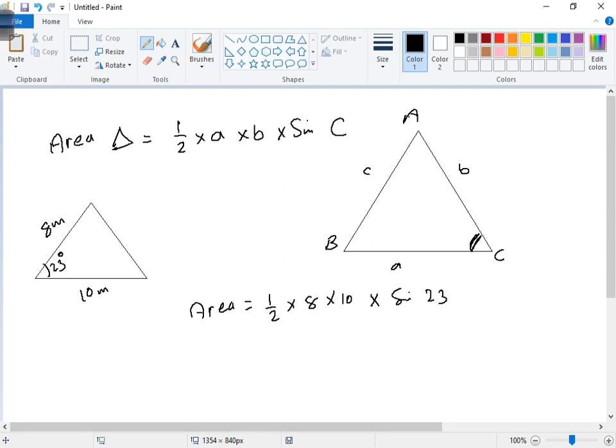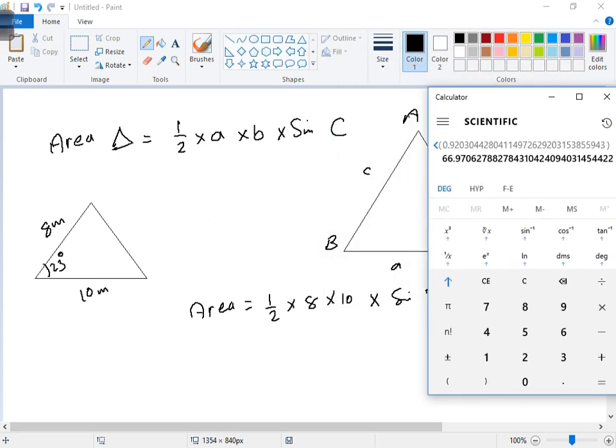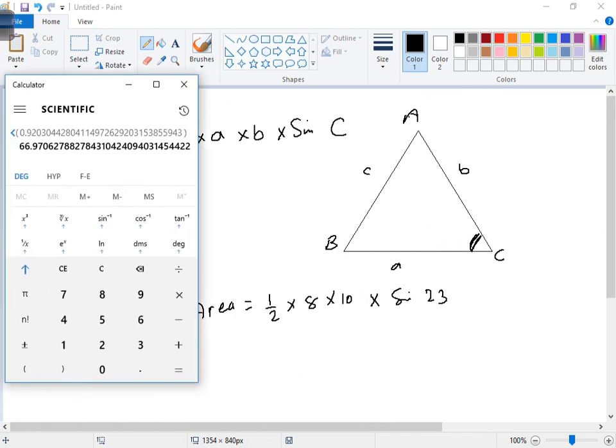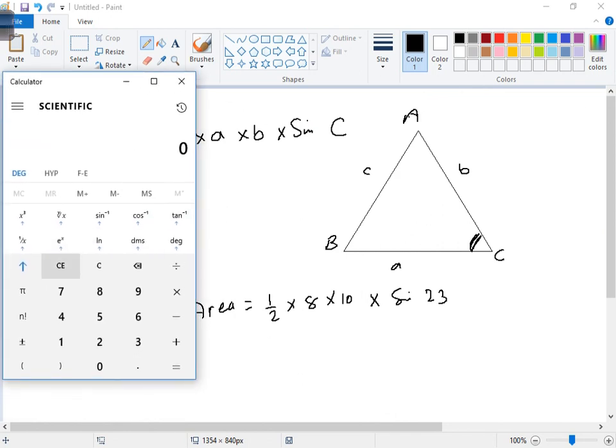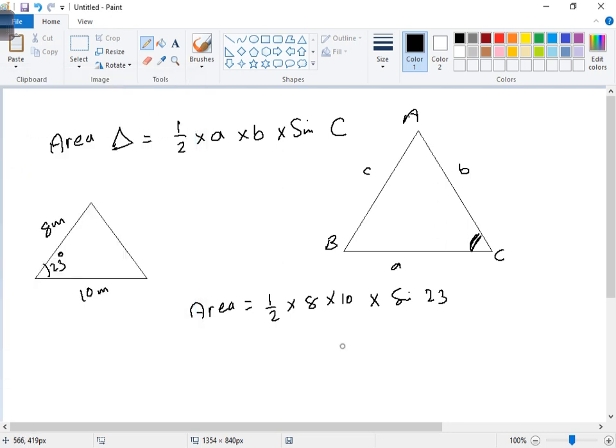Using the calculator, first sine of 23, times 8, times 10, times half, which means 0.5, and the answer is the area of this triangle.